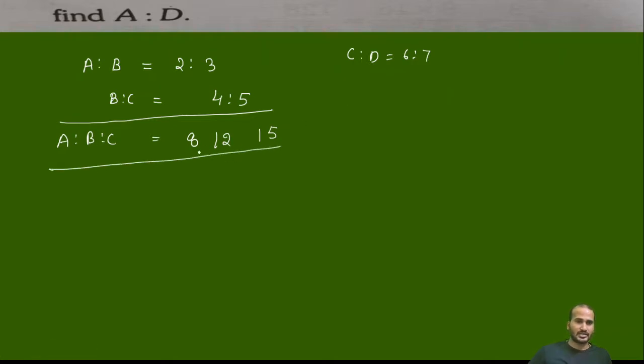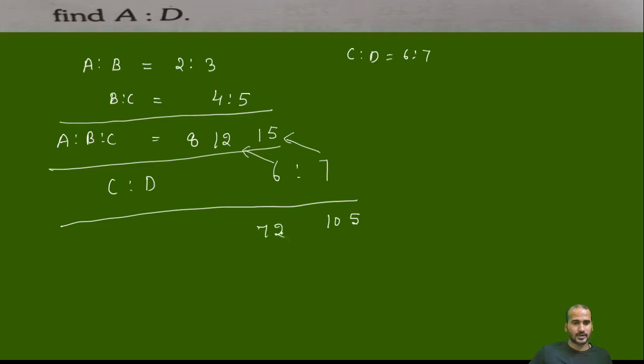And after that, C is to D. So the C value is 6 is to 7. So 15 7s are 105. Now 12 6s are 72, and 8 6s are 48.